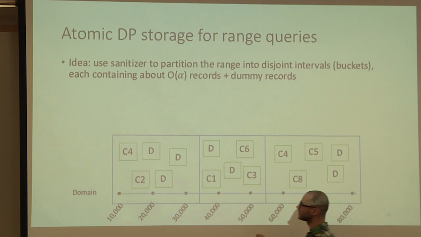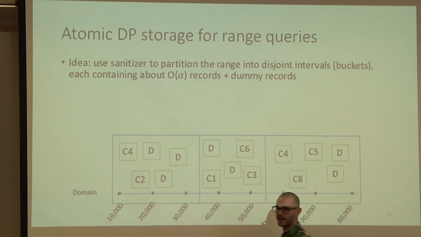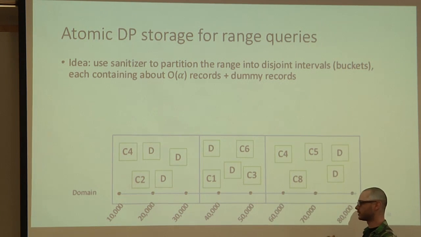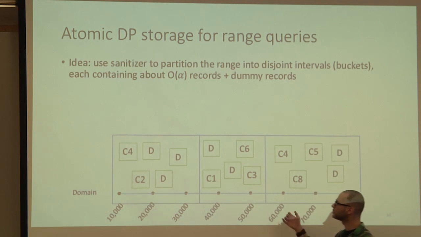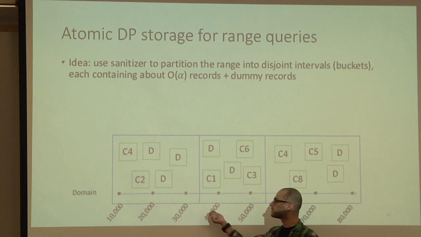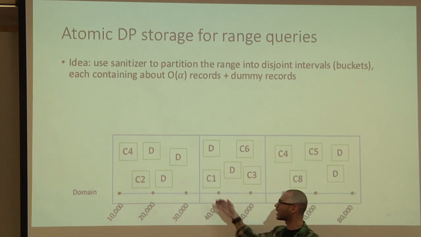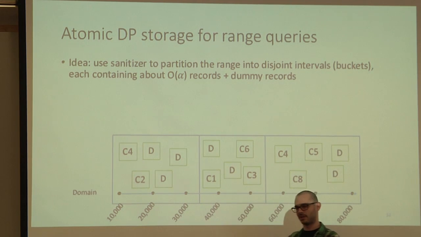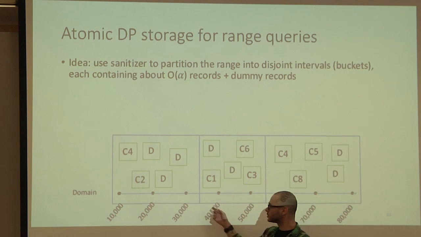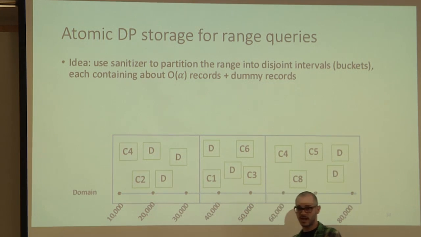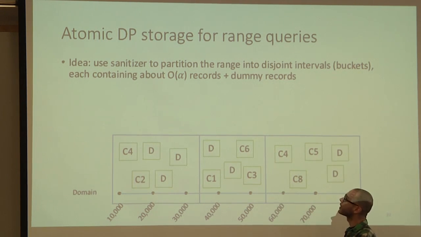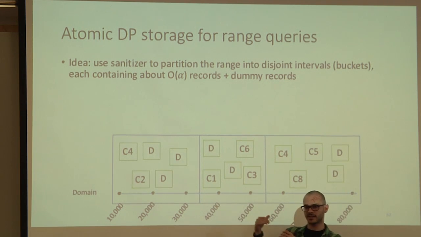In order to determine the bounds of each bucket, and not to reveal any private information, we have to do that using a sanitizer, using differential privacy. So these bounds will not be accurate, will not include exactly alpha records. And in order to make sure that they have the exact same number of records, we're going to pad each bucket with copies of a dummy file.